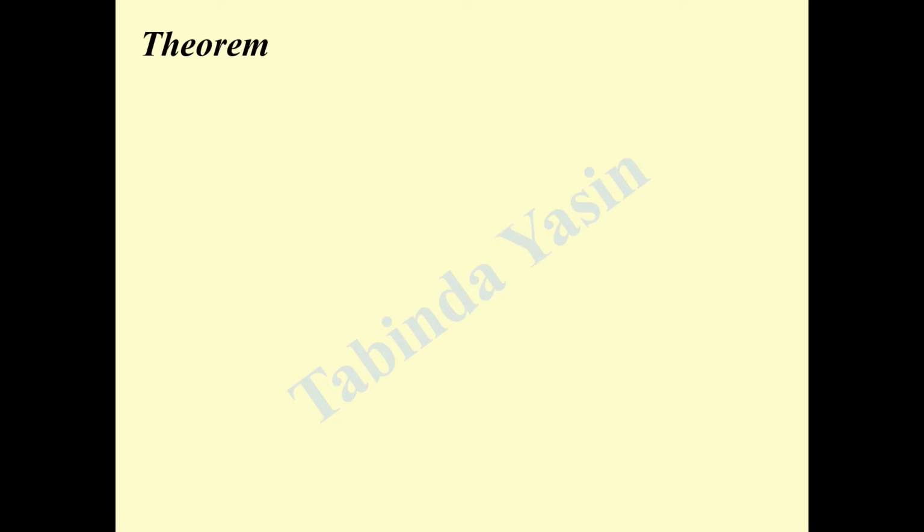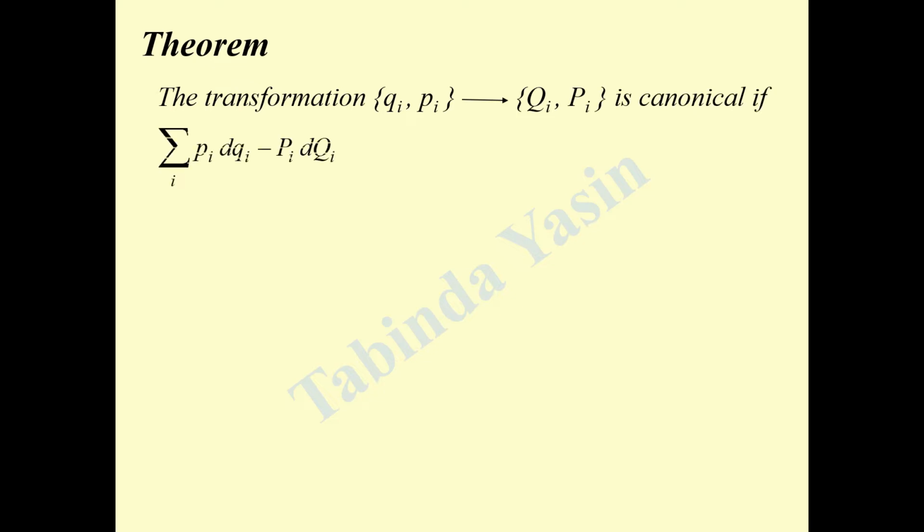Starting with the theorem, the first theorem states that the transformation of the old coordinates q_i, p_i to the new coordinates capital Q_i, capital P_i is canonical if the summation over i of p_i dq_i minus capital P_i d capital Q_i is an exact differential.